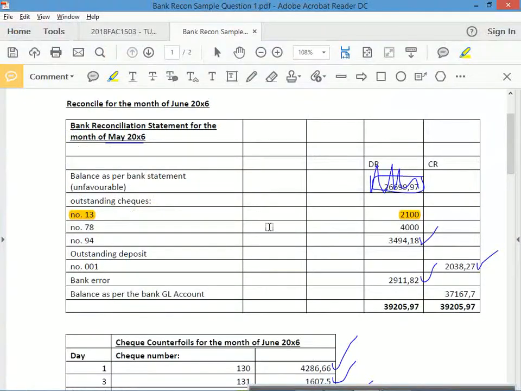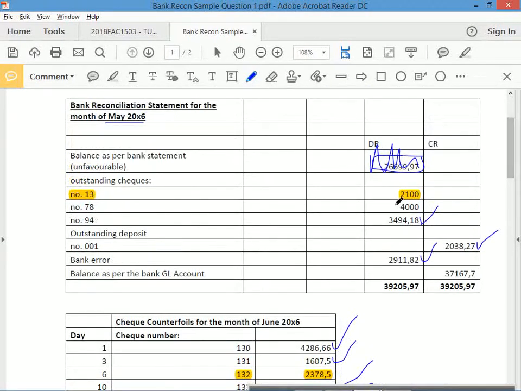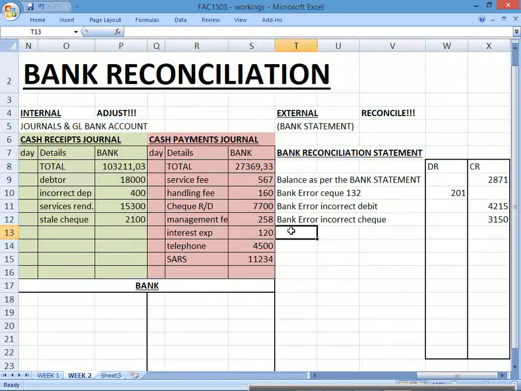Next, did I tick 78? No. So, it's outstanding. Is there any additional information about that check? No. Okay, we looked at all of this. This one that I haven't highlighted was just for the RD check, the dishonored check. That you can even tick. Okay. Right, so if it's still outstanding, it's still outstanding.